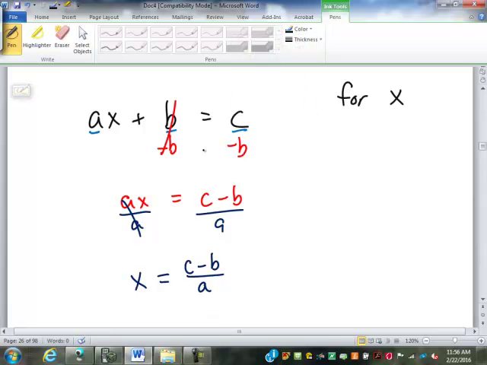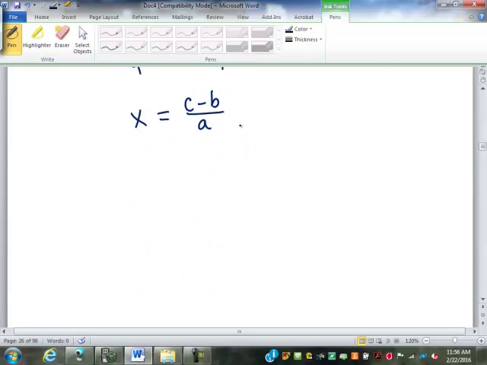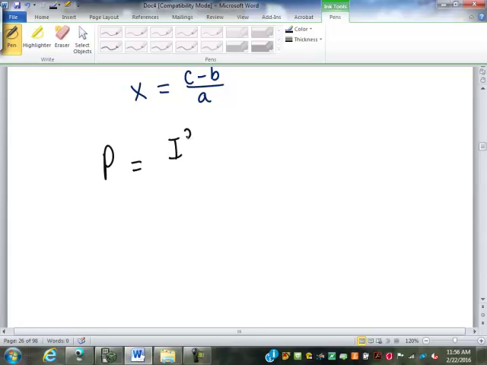Now, not all of them are quite that simple. We can run into some that are a little bit more complex like this. For example, we can have power is equal to I squared over R, current squared over resistance.